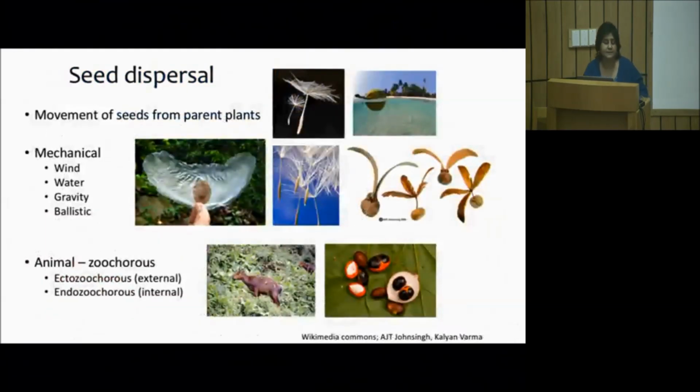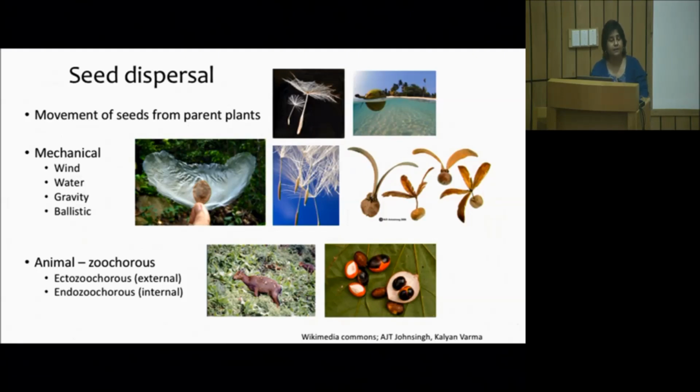Seed dispersal, as I've said, is the movement of seeds from parent plants. But seed dispersal can also be mechanical, in which case it is not a plant-animal interaction. A large number of species are mechanically dispersed by various agents like wind, water, gravity, and through explosive mechanisms.